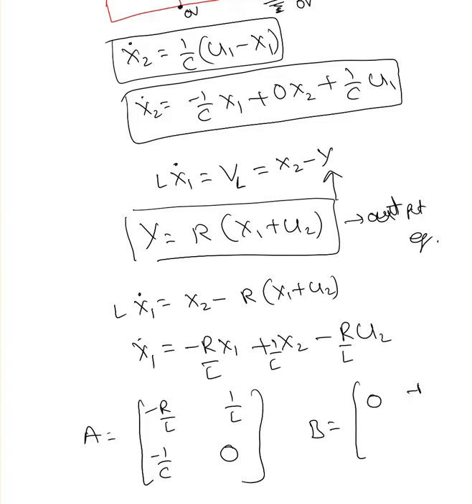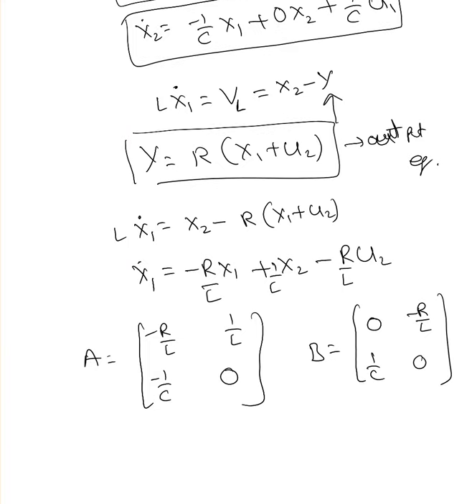There is no U1 term, so minus R over L, and 1 over C, 0. That's my B matrix. And same thing, C matrix equal to R and 0. And my D matrix is going to be 0 and 1. Okay, I'll stop it here. Thank you.